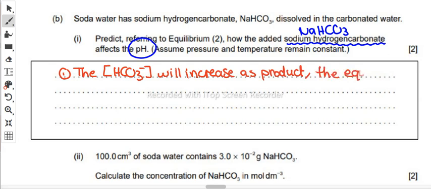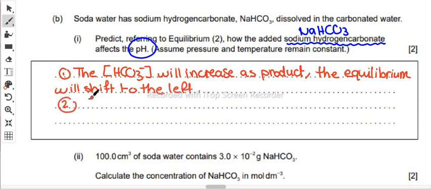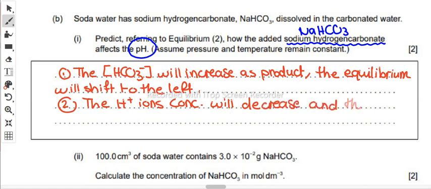The equilibrium, to offset this problem, will shift to the left. So continuing with the second part of our answer, the H positive ion concentration will decrease and therefore the pH increases, so it becomes less acidic.